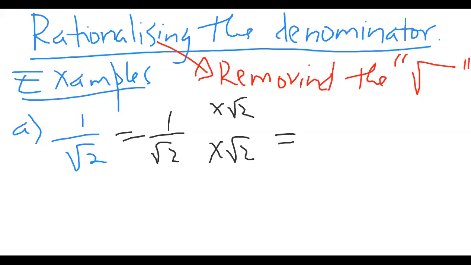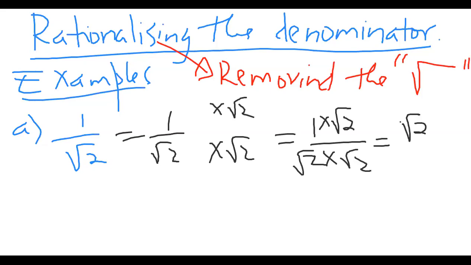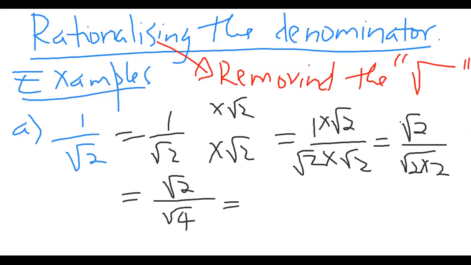So this will give us 1 times root of 2 divided by root of 2 times root of 2, which will give us root of 2 divided by root of 4, which gives us root 2 divided by 2. And that is our answer for that.